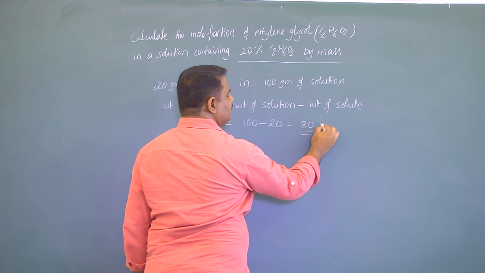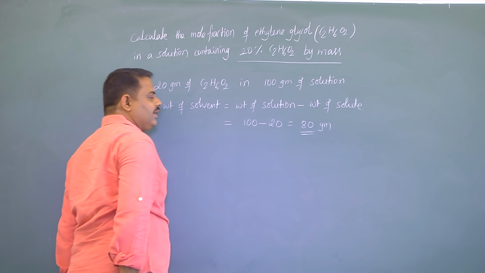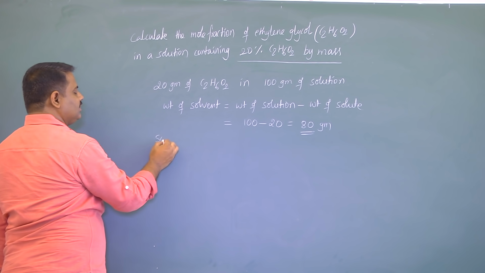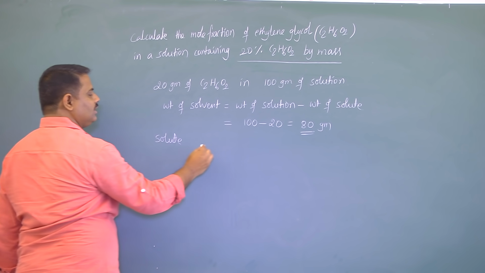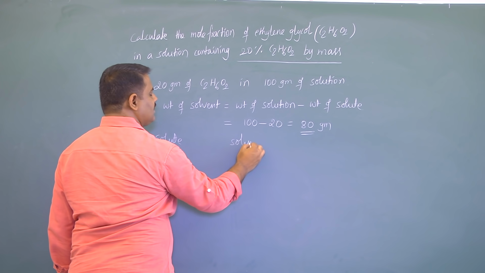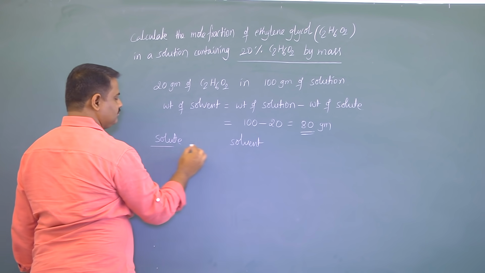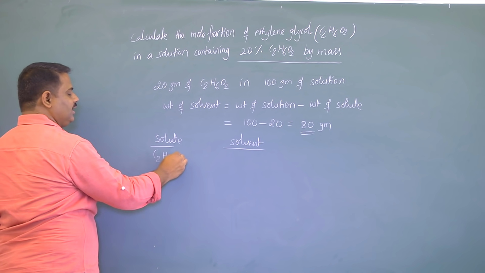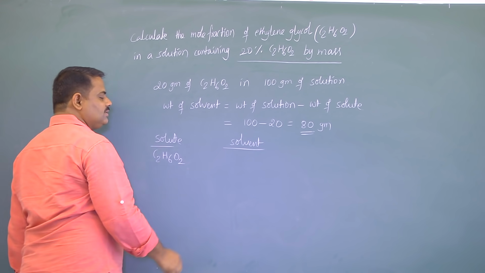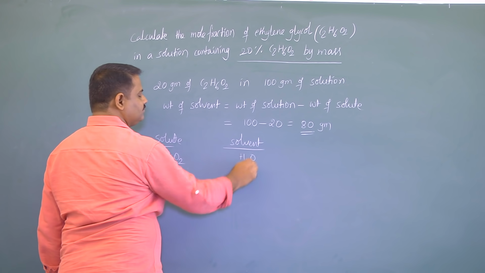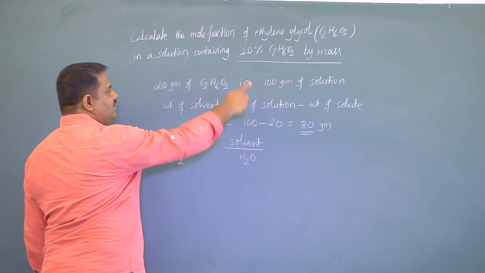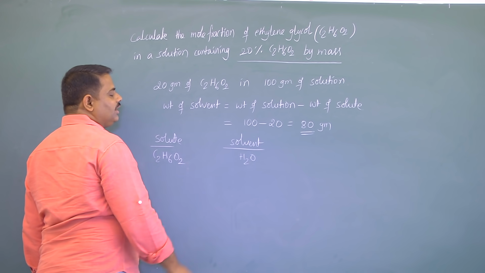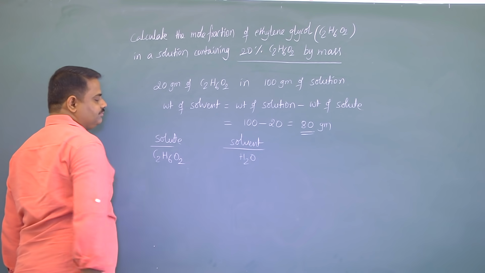So this is the weight of solvent. Now here I'll divide both solute and solvent. Here solute is ethylene glycol and solvent is water. Actually, water is not mentioned here. If solvent is not mentioned, then definitely we have to take that as water.